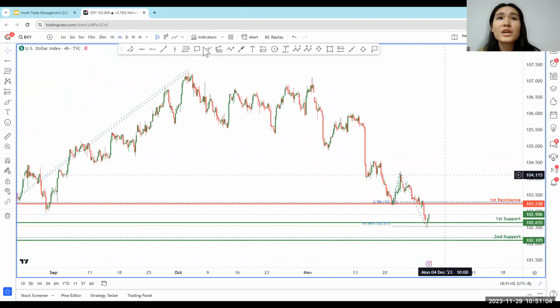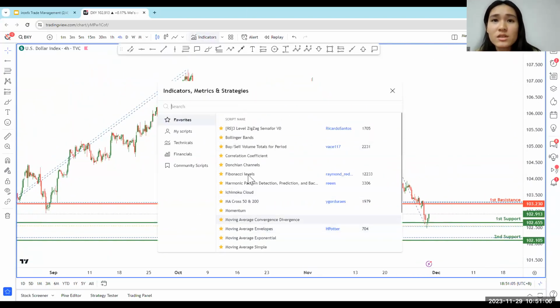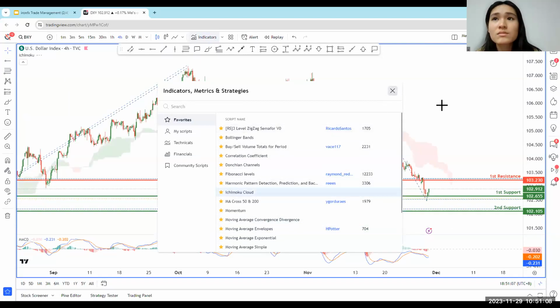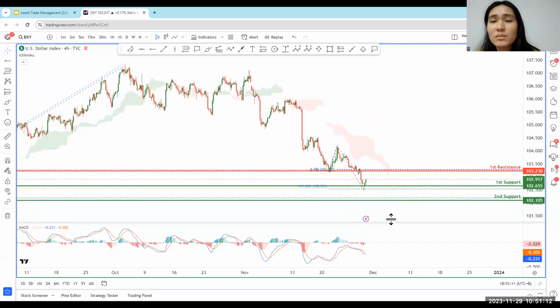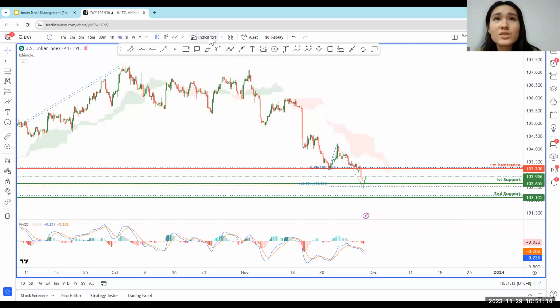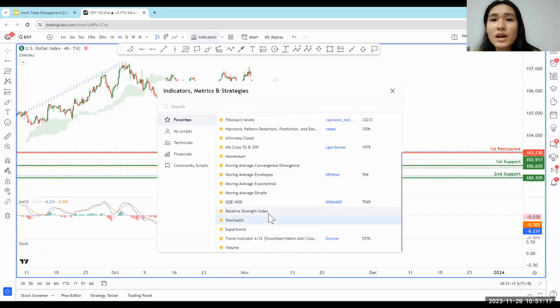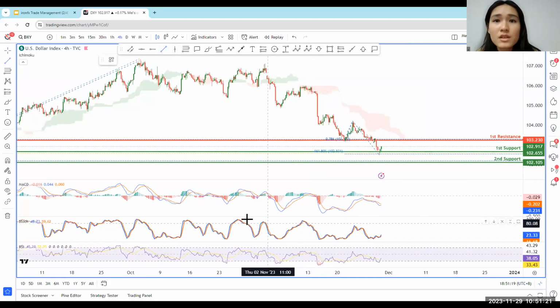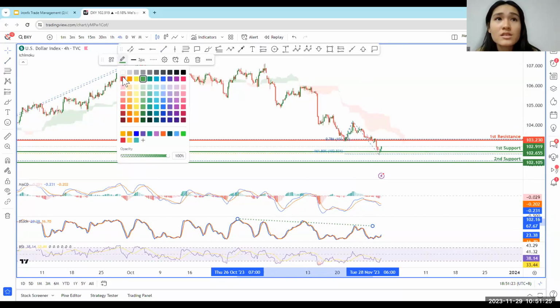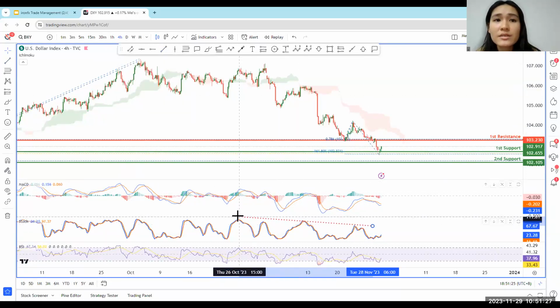Now let's go in with our indicators. Price is moving below the Ichimoku cloud, so it supports our bearish signal, MACD as well, and RSI and stochastic. Stochastic is moving in this descending trend line.